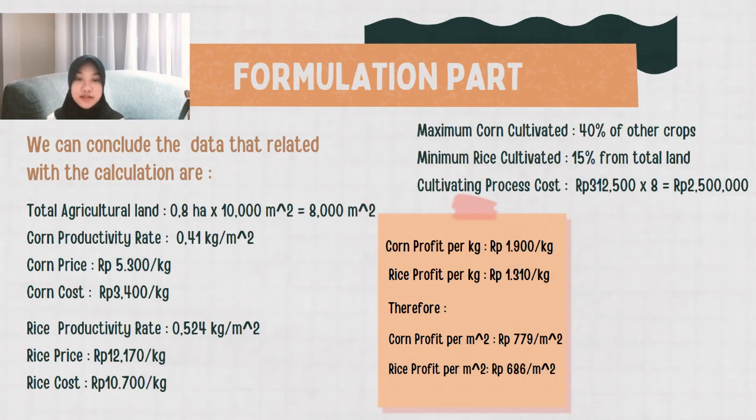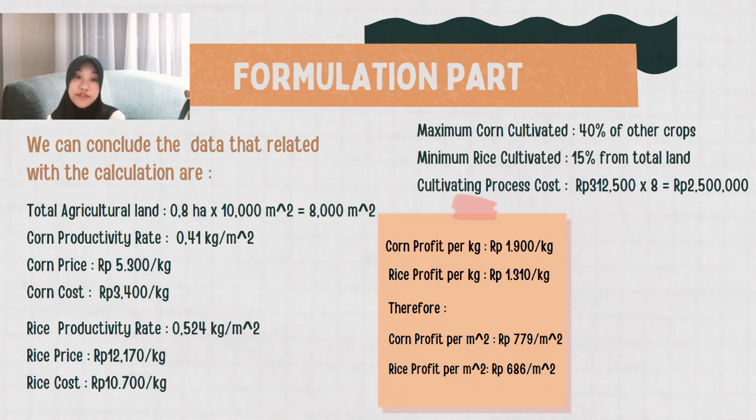Formulation part. From the data that we have gathered here, we can conclude the calculation. The first one is the total agricultural land, which is 0.8 hectares times 10,000 square meters, equal to 8,000 square meters. For corn, the productivity rate is 0.41 kilogram per square meter, the price is 5,300 rupiah per kilogram, and the cost is 3,400 rupiah per kilogram.